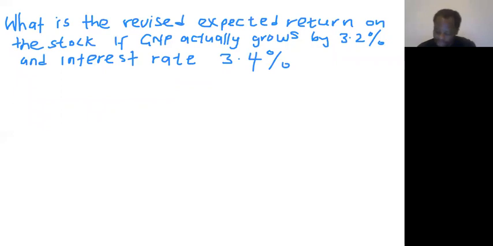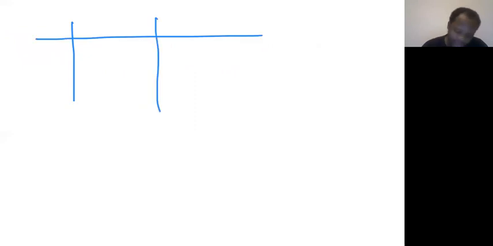Okay, so let's start by just presenting this information in a tabular form to make things easier. Now the first information, so GNP. I'm going to write the betas here.